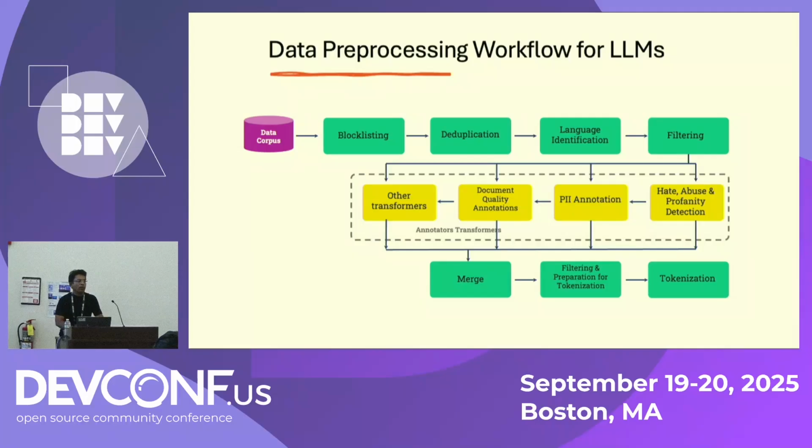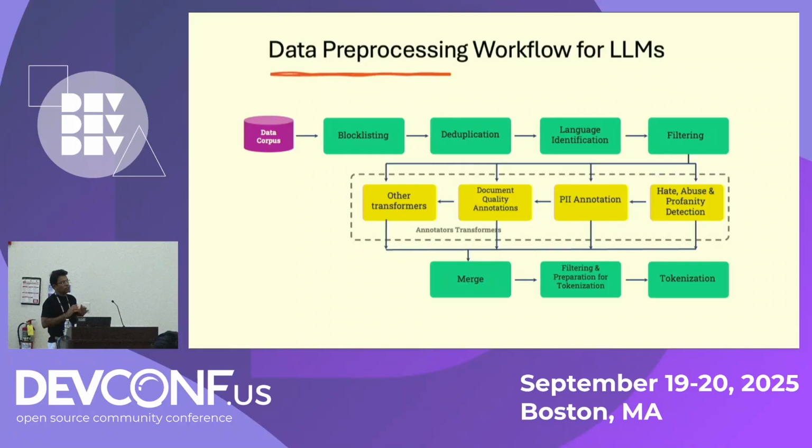When we start with the input data, these terabytes of data, we end up removing almost 70 to 80% of the data before it reaches the large language model. For example, for the Granite model 3.2 and 3.3, we end up throwing out almost 80% of the data before it became ready for pre-training.